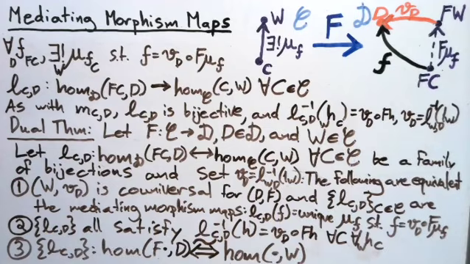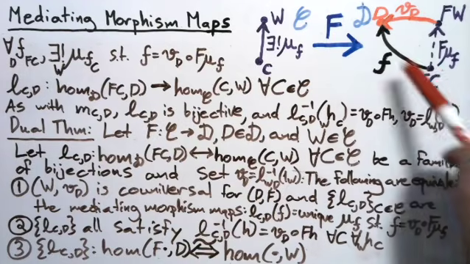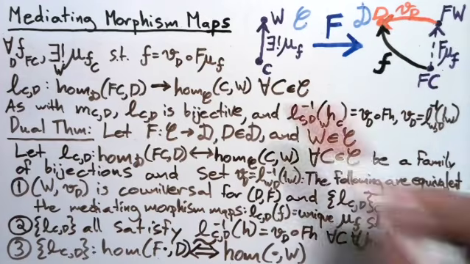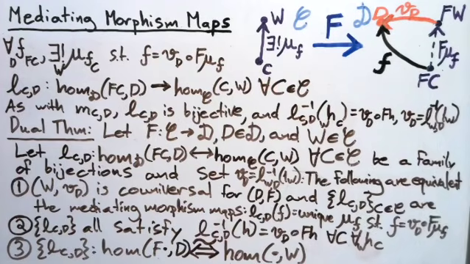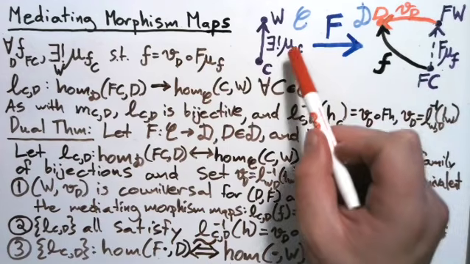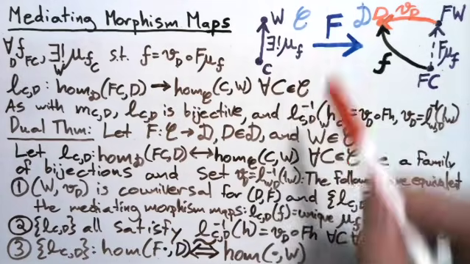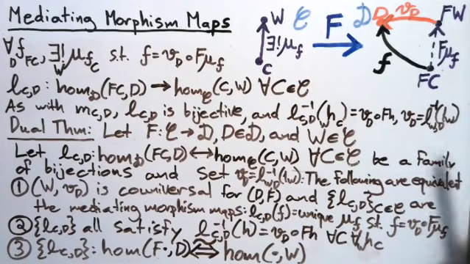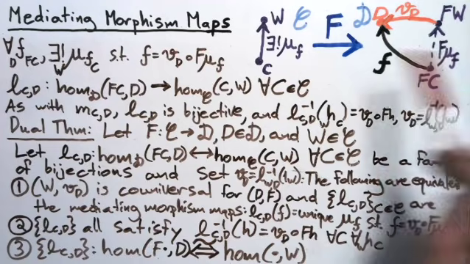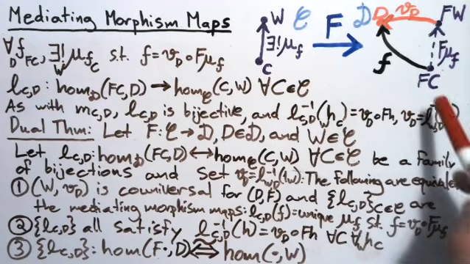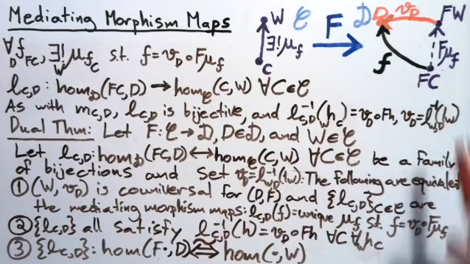If there's a functor F going from C to D, then the pair W, VD is co-universal for D and F if for any f going from FC into D, and again, that's for any C in C, there must be a unique mu of f going from C to W in C this time, such that the image of mu of f under the functor F makes this diagram commute, right? This sort of opposite triangle commutativity property.